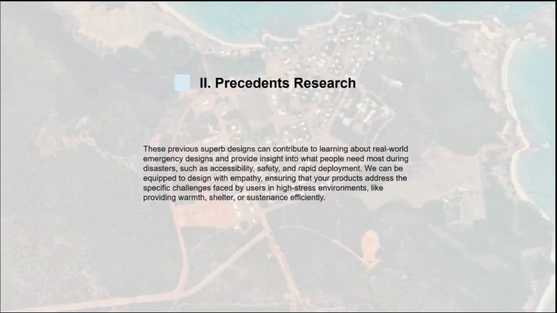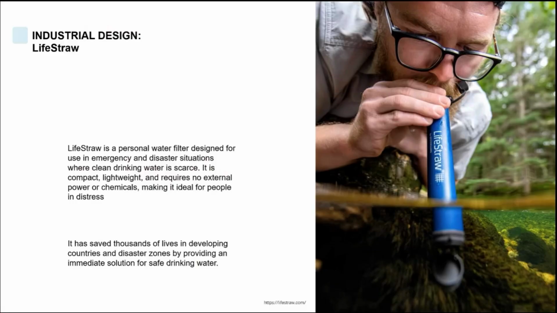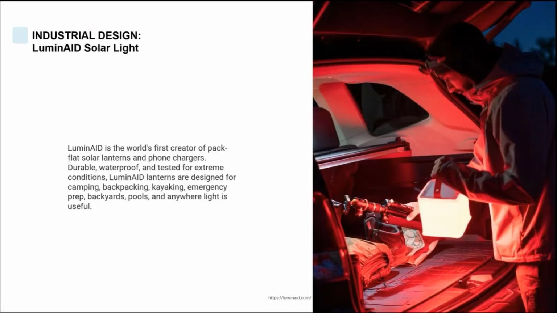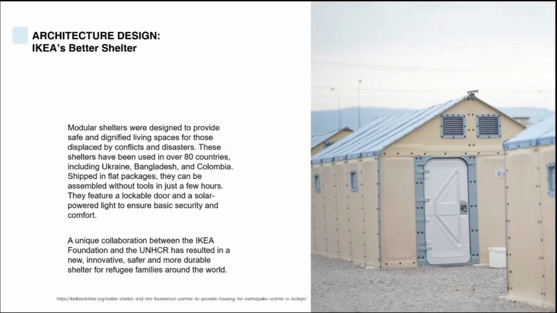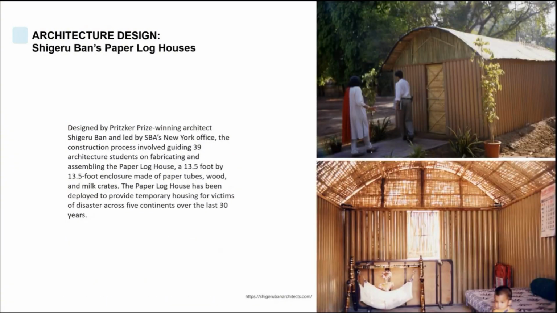The second part is precedent research. Several successful product designs provide critical lessons for emergency response. The LifeStraw is a personal water filter for emergencies. The Lumi 8 solar light is a solar-powered inflatable lantern designed for extreme conditions. The IKEA Better Shelter is a modular flat-pack shelter that can be easily assembled without tools.